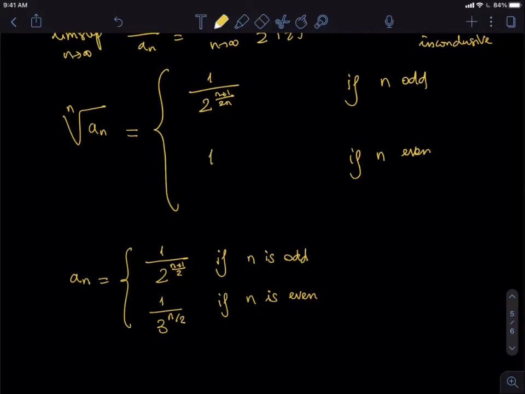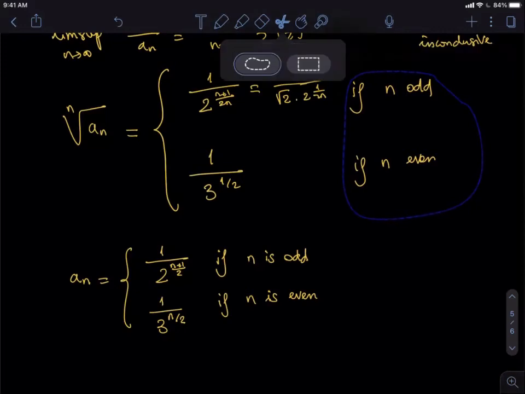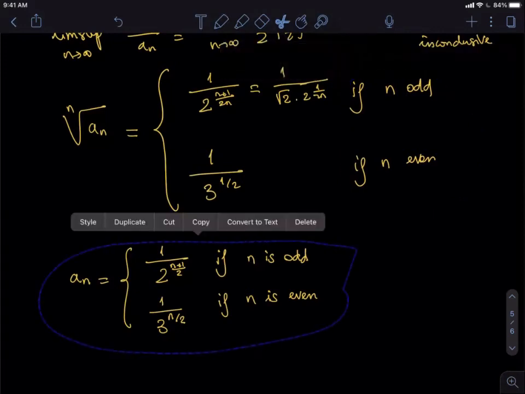And then if n is even, this is 1 over 3 to the 1/2. That's it, because the n and the 1 over n cancel each other. So this is 1 over 2 to the 1/2, so square root of 2 times 2 to the 1 over 2n. And that's it. We just need to see now. This I don't need, so I will just delete it.